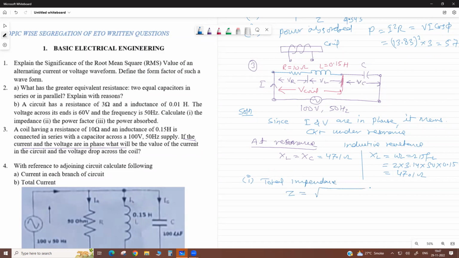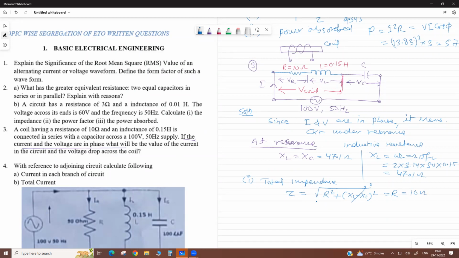As you know, this is 0, so it is R only, or 10 ohm.